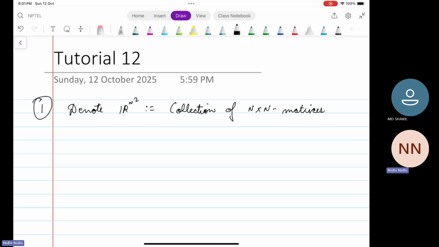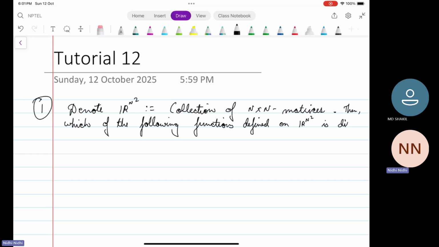Which of the following functions defined on R^(n²) is differentiable?